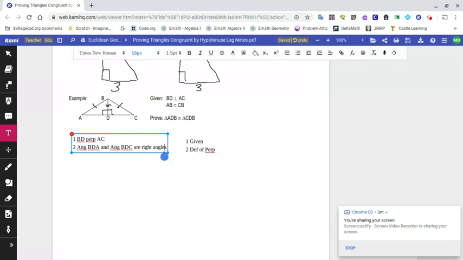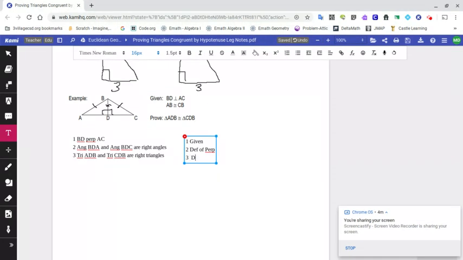Now, in order to use hypotenuse leg, I have to actually declare that triangle ADB and triangle CDB are right triangles. I have to actually state that in the proof before I can use hypotenuse leg, because the word hypotenuse doesn't mean anything unless I'm talking about right triangles.